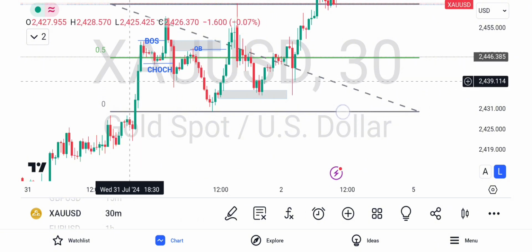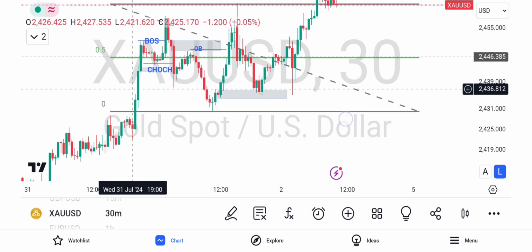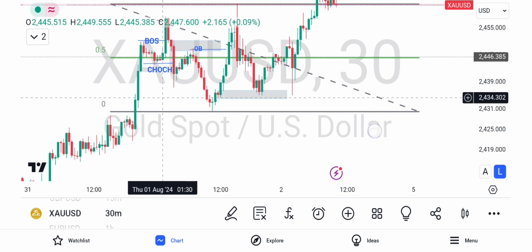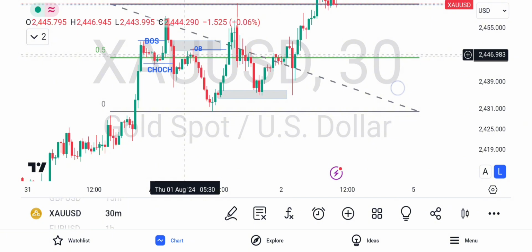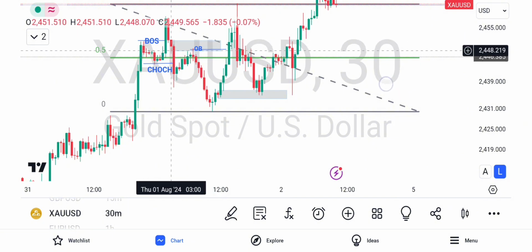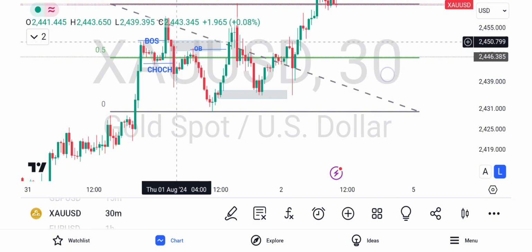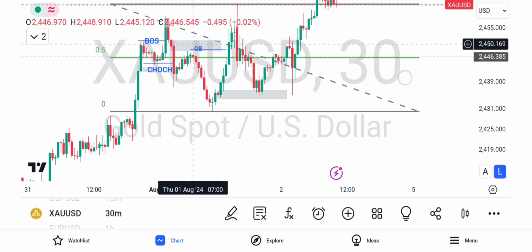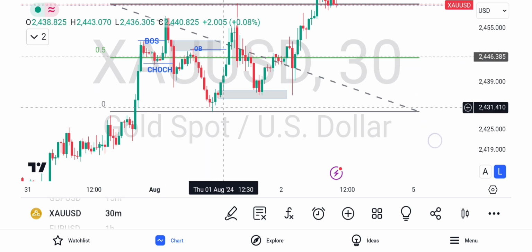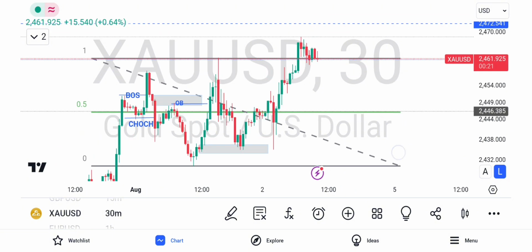But if price doesn't give us an order block around this axis, it's going to be a short buy. And then we come towards this axis. When we find our order block, it is going to give us a longer sell. Okay, and so we have a move like this to the upside.